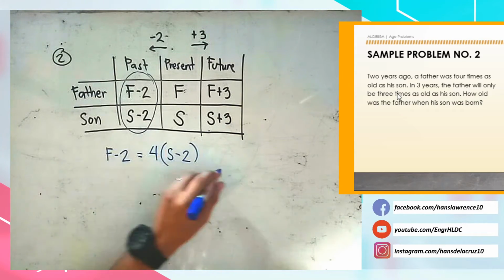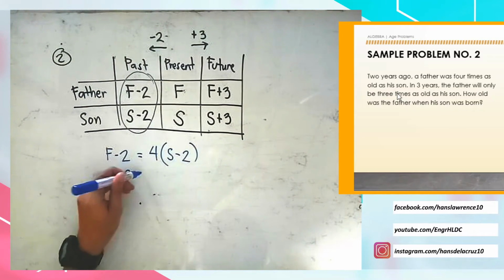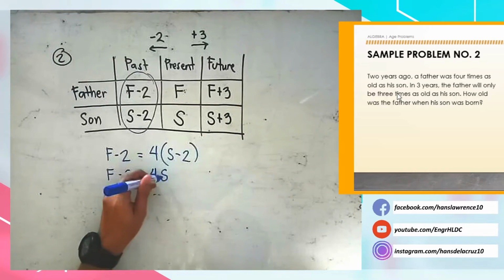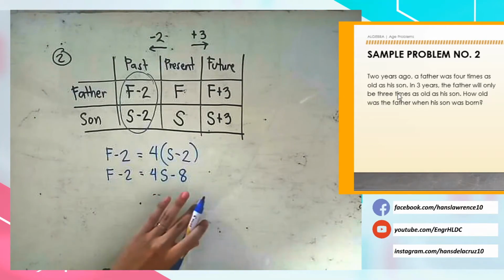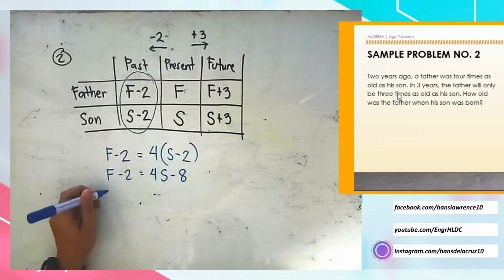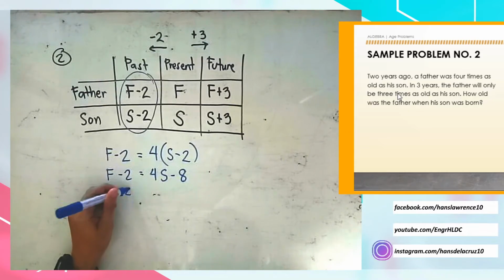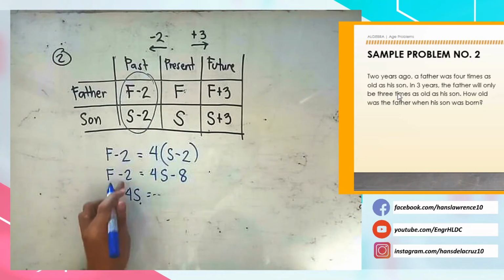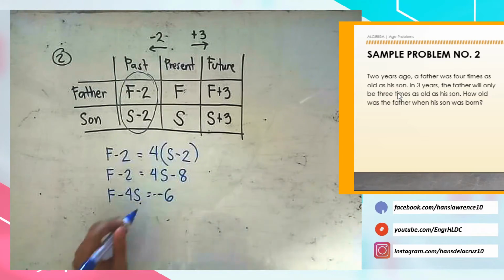So, magiging ano to, class? So, F minus 2 is equal sa 4S minus 8. So, iligay lang natin lahat ng variable sa left side siguro. So, magiging ano to, class? F minus 4S equals, lipat ko to doon, magiging negative 6.